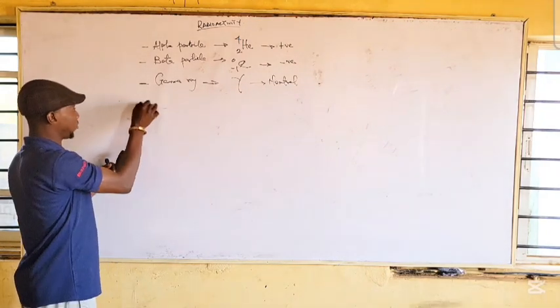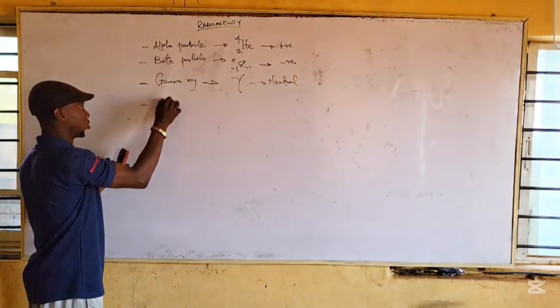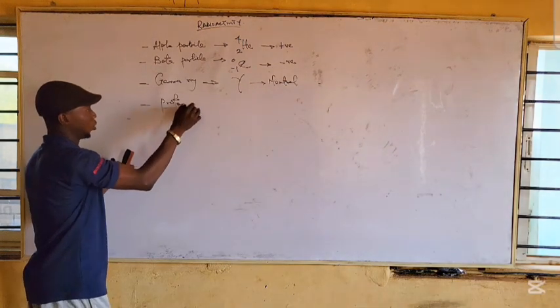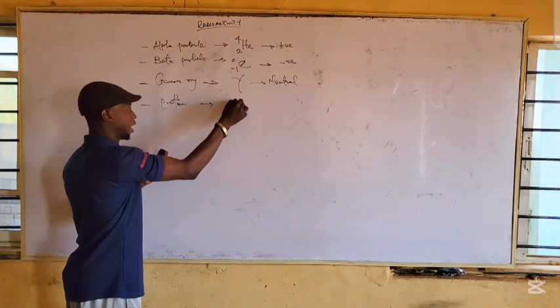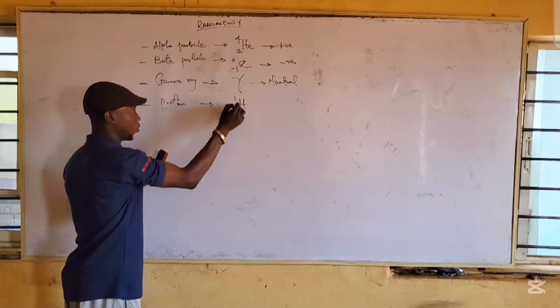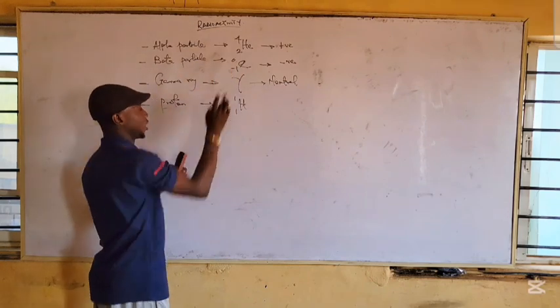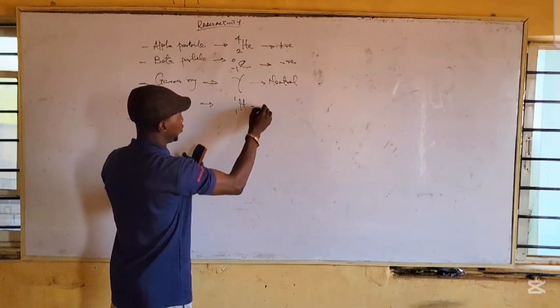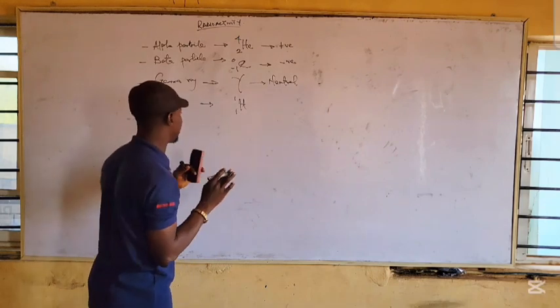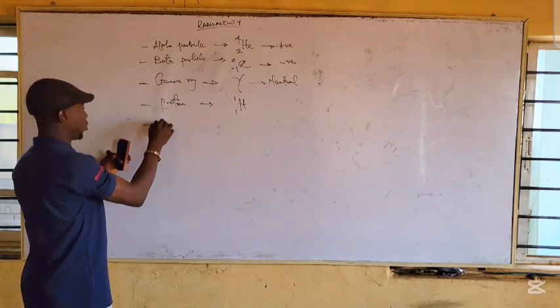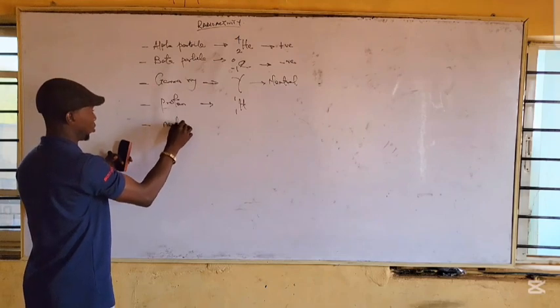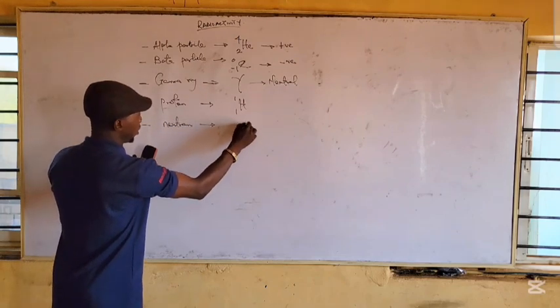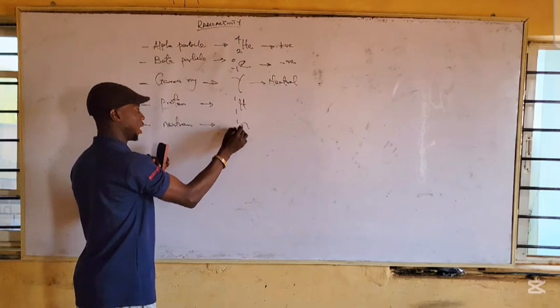In addition, we have what we call proton, which is represented by hydrogen, 1, 1. I will still explain all these subscripts and superscripts, so leave it like that. We don't need to discuss the charge. We have another one that we call neutron. Neutron is n, 1, 0, like this.